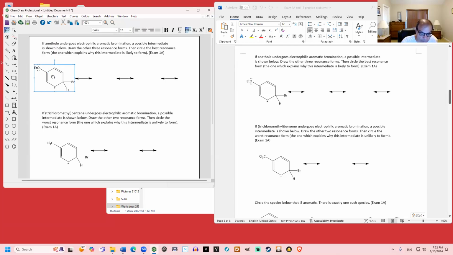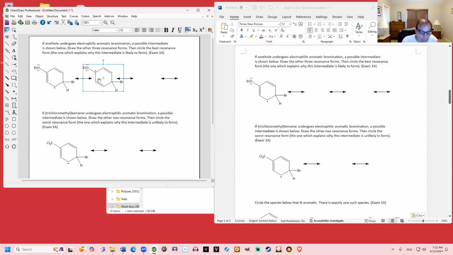Well, we covered this quite extensively in class. You can get one resonance form by moving that double bond over. That gets rid of the plus charge on that carbon and leaves a plus charge on that carbon.